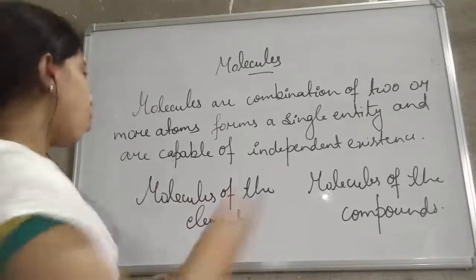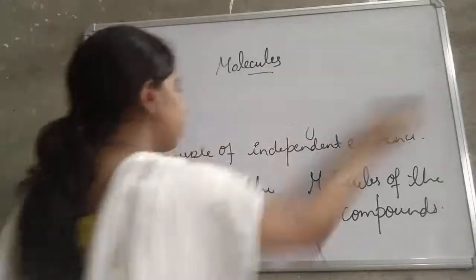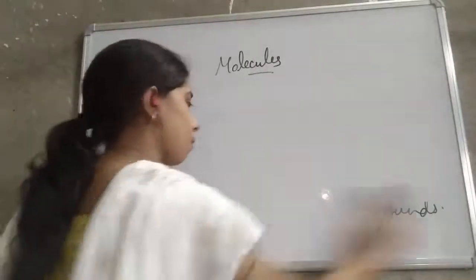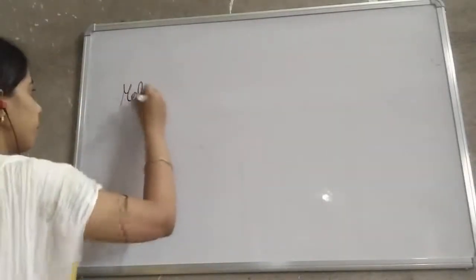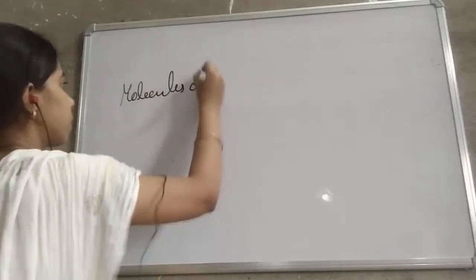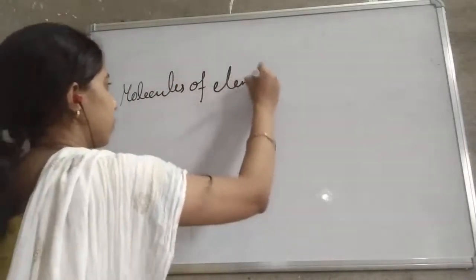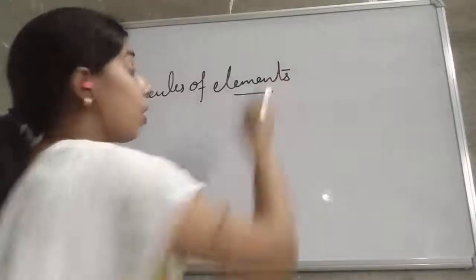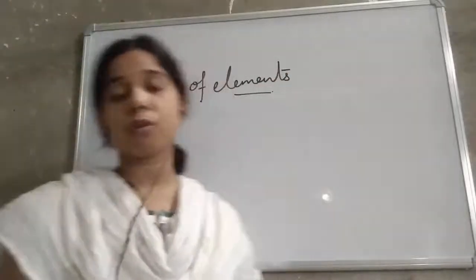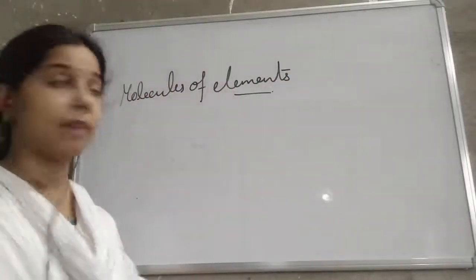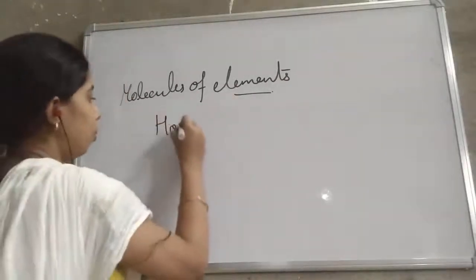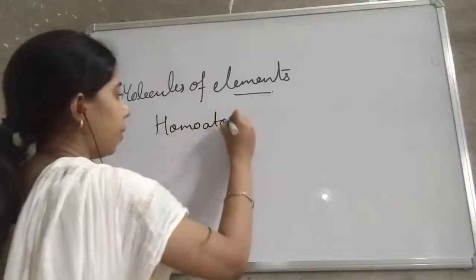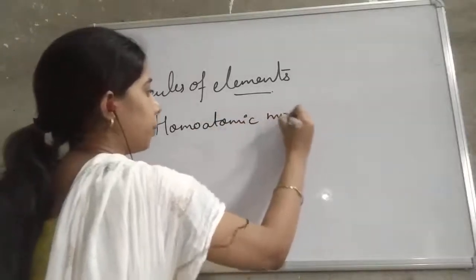So in case of the molecule of element, students, molecules of element are also known as homoatomic molecules.